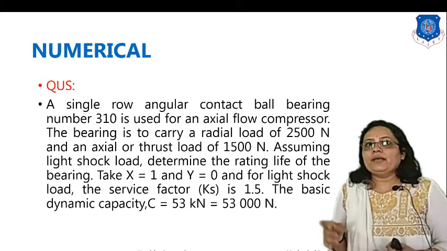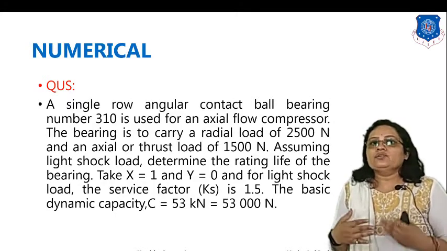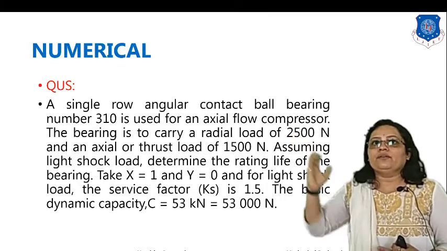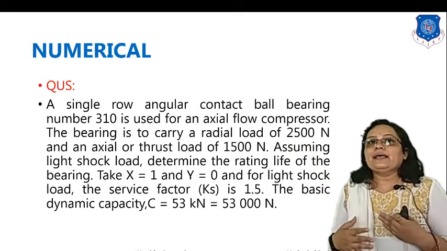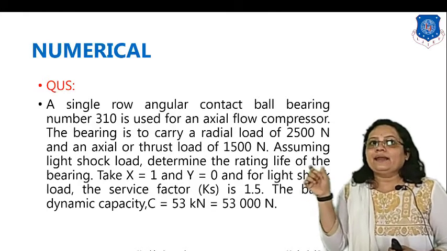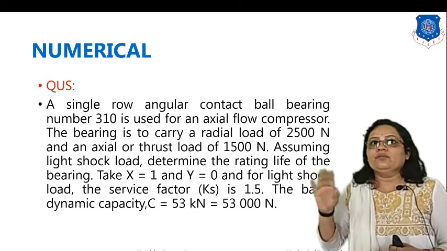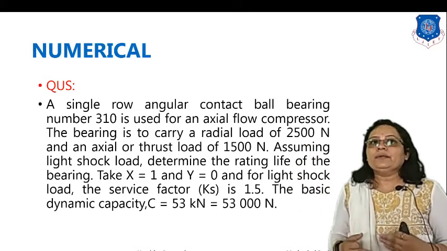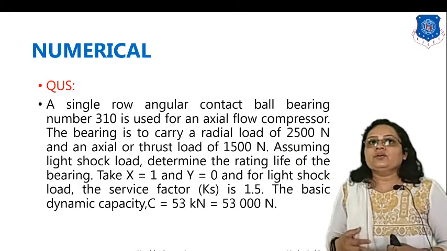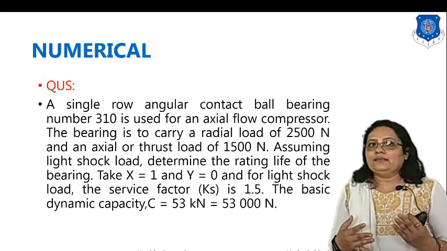How much load is applied on the bearing? Radial and axial loads are both given here. The radial load is 2500 Newton and the axial load is 1500 Newton. So WR and WA are given.